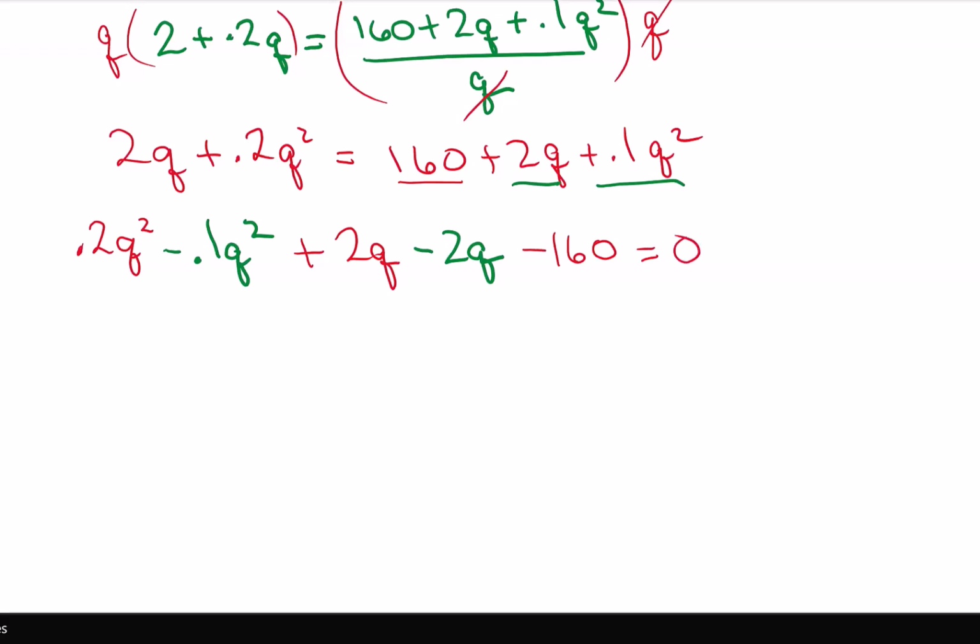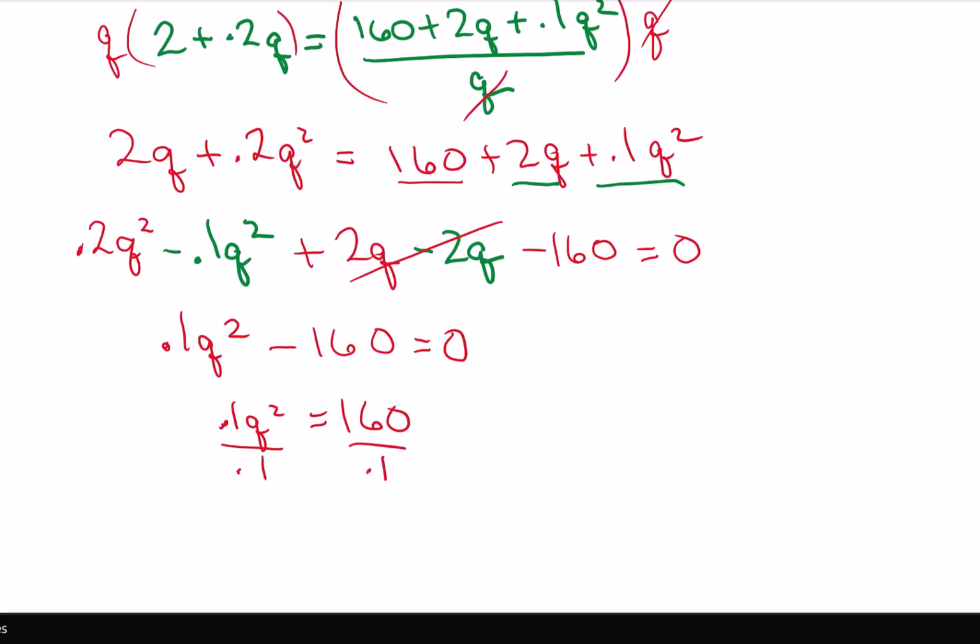That equals 0. Simplify, I get 0.1 Q squared. The middle term cancels. Minus 160 equals 0. 0.1 Q squared equals 160. Divide both sides by 0.1, which is the same as 1/10, which means I get Q squared is equal to 1600, which means that Q is equal to 40.